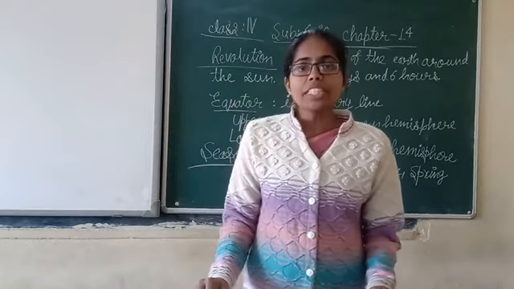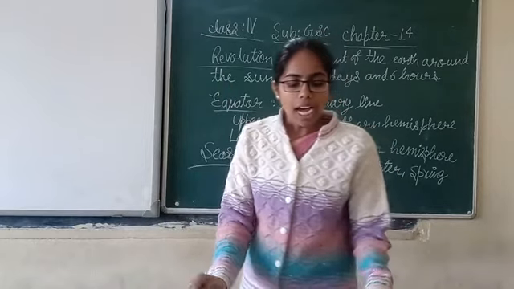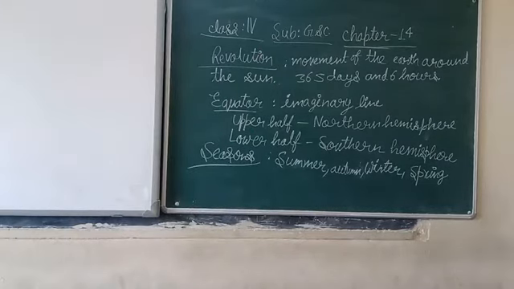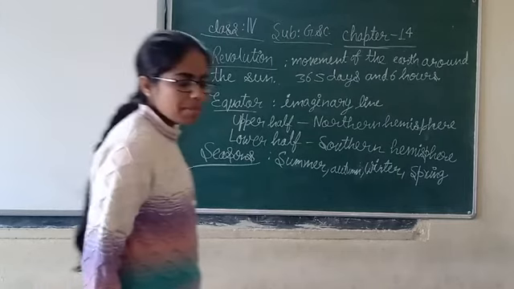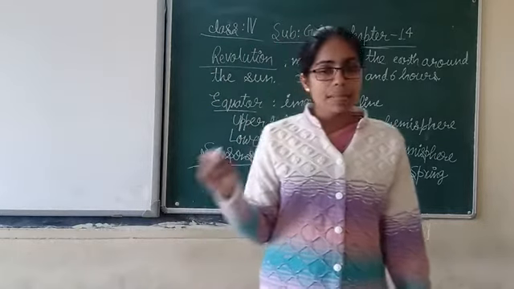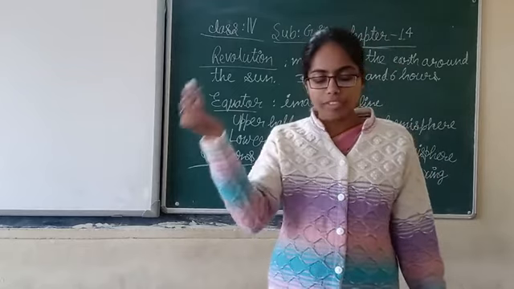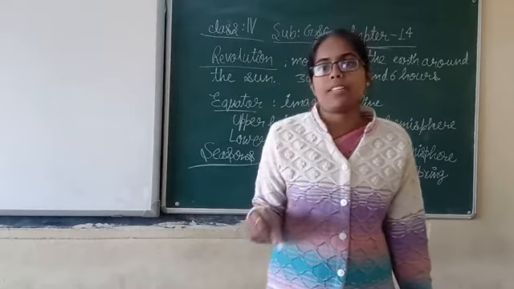In June, India and all other countries in the northern part of the earth have summer, while the countries in the southern part of the earth, including Australia, have winter. Similarly, in December we have winter and the southern part of the earth has summer.